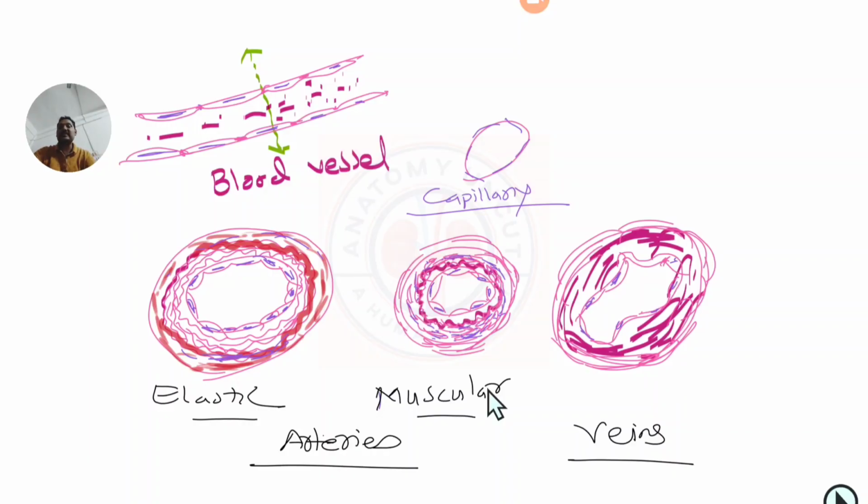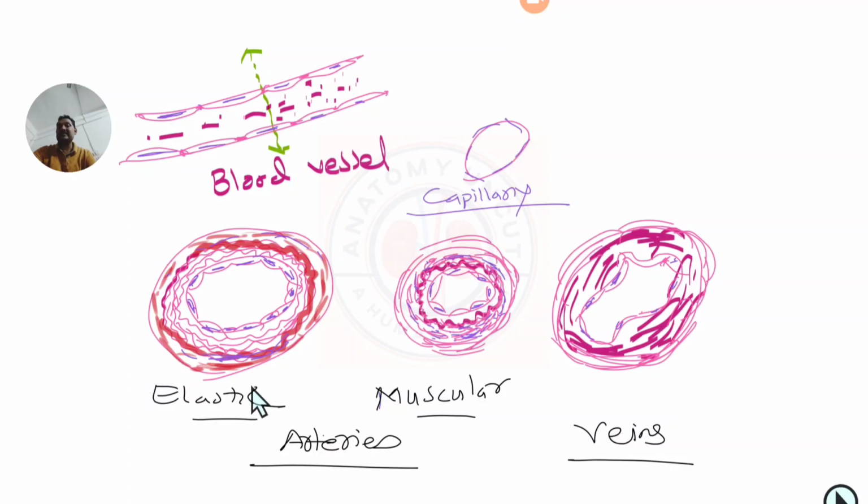A muscular artery obviously will be less expansile and will be distributing blood a little bit far away from the heart. Whereas the elastic artery is very much elastic, expansile, and conductive in nature.